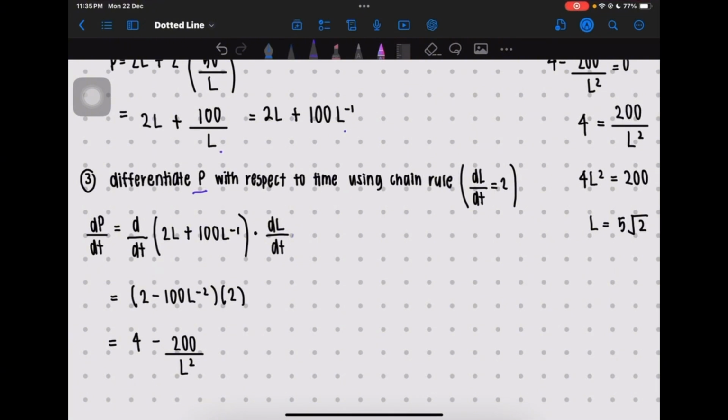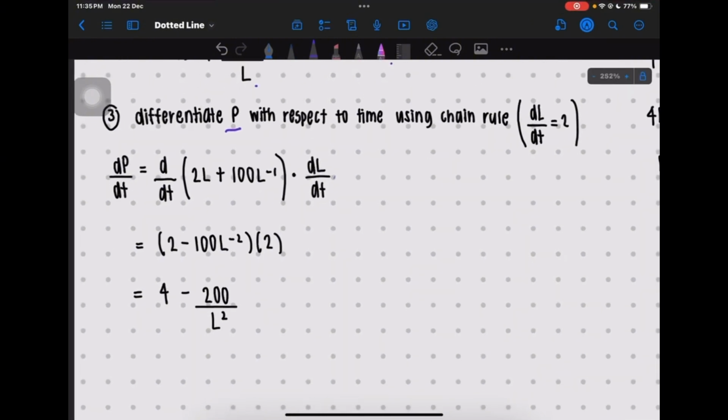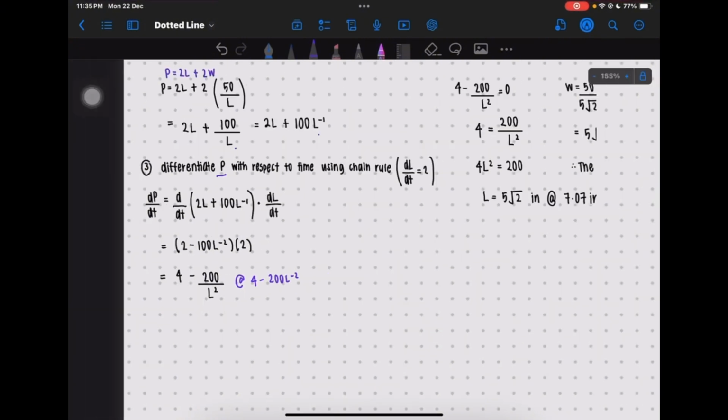We want dP/dt, so we differentiate the P equation and multiply by dL/dt as given from the question. So (2 - 100 L^-2) multiplied by 2, and we'll get 4 - 200/L squared, or 4 - 200 L^-2.